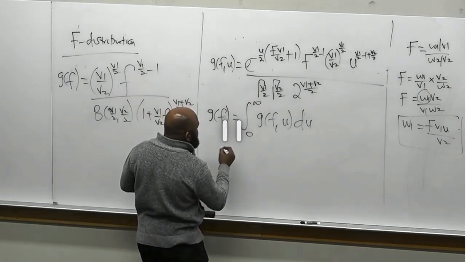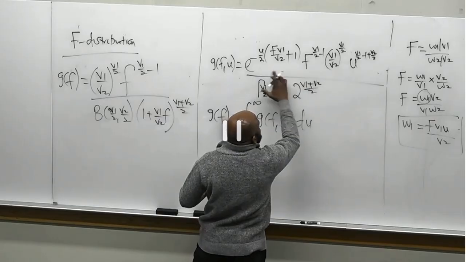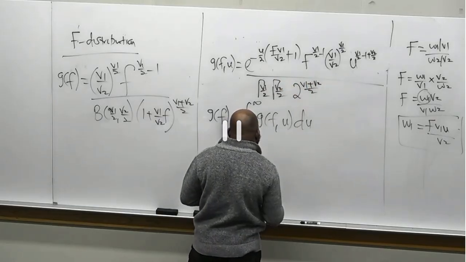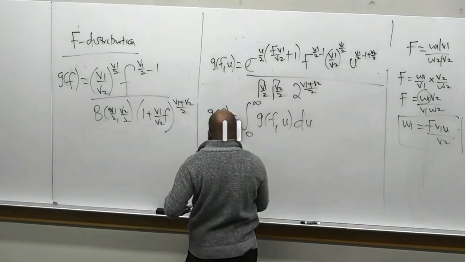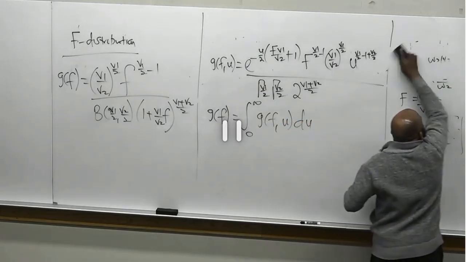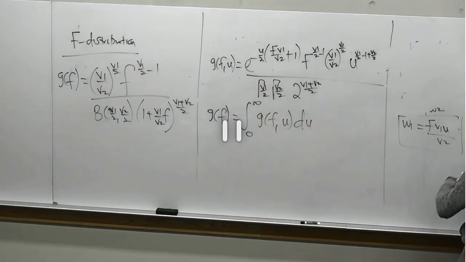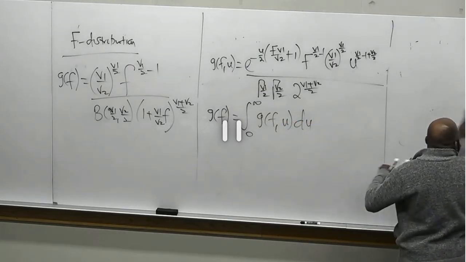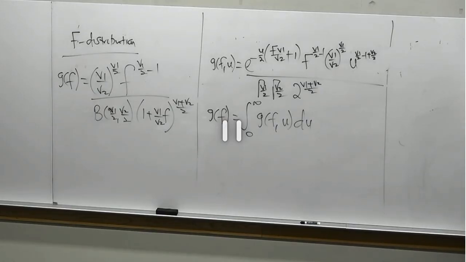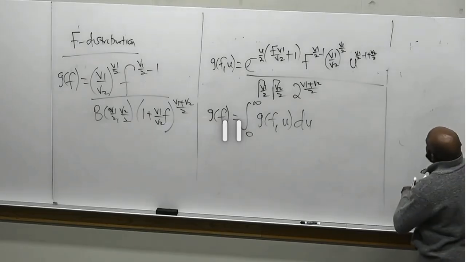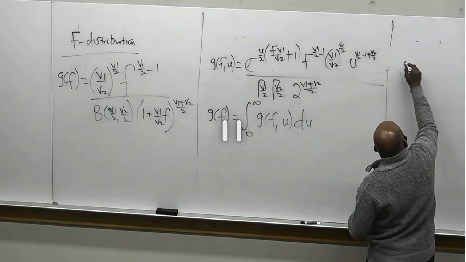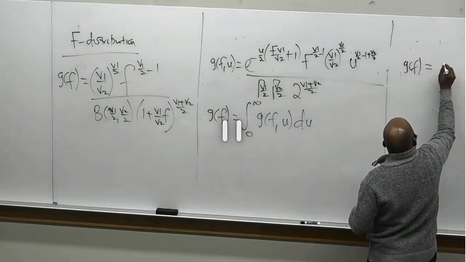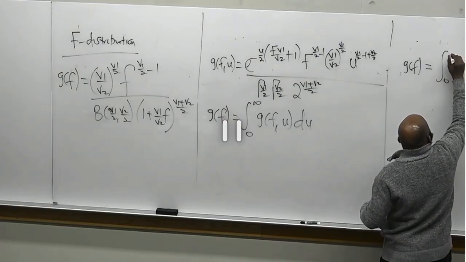So I want to consider just this one, because these are just constants, right? The one in the denominator is just constant. So, G of F, integrating from 0 to infinity.